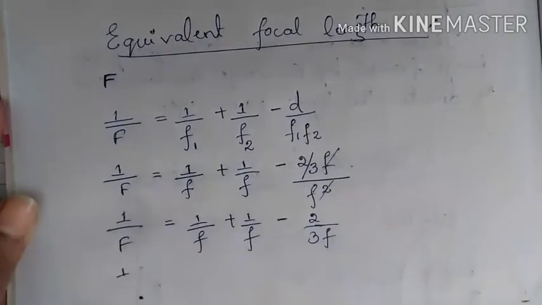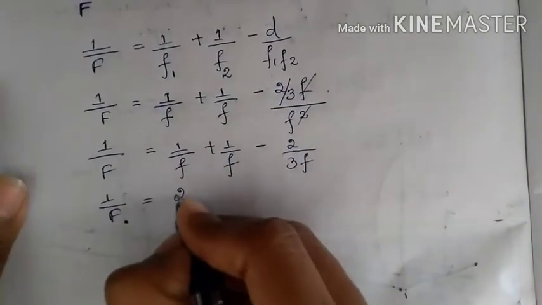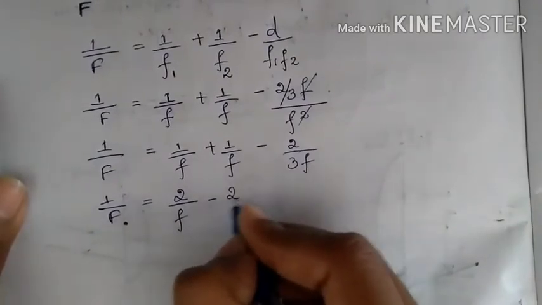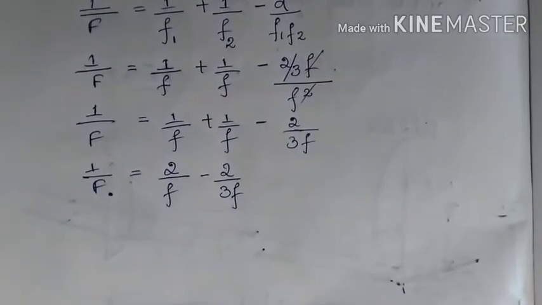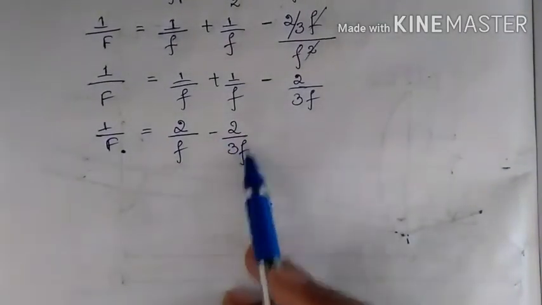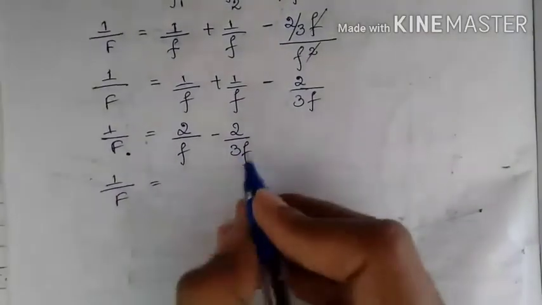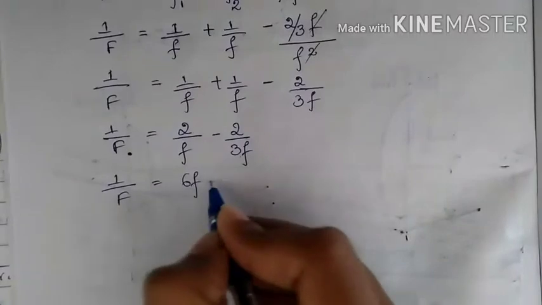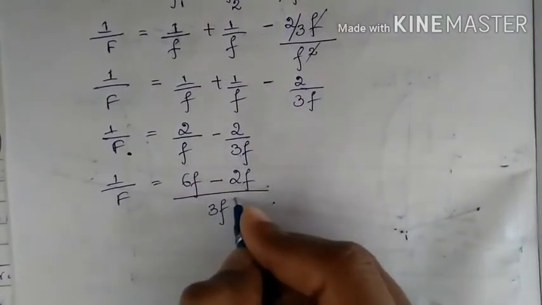So now this can also be written as 1 by F is equal to 2 by f minus 2 by 3f. Now if you take the LCM for 2 by f minus 2 by 3f, then what you will get? 1 by F is equal to 6f minus 2f divided by 3f square.